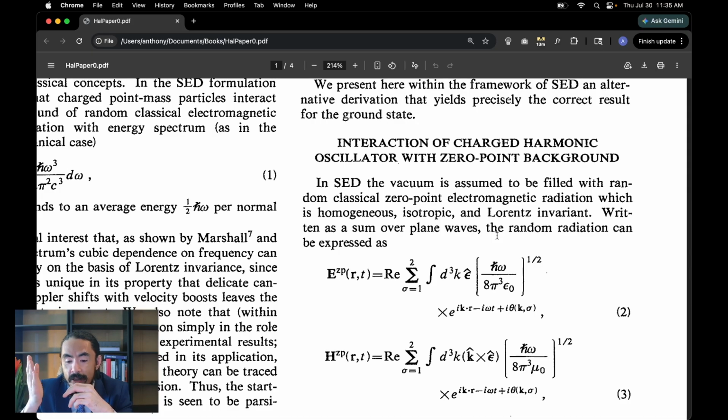That was the stochastic electric field, which takes into account the ZPF according to the SED framework.